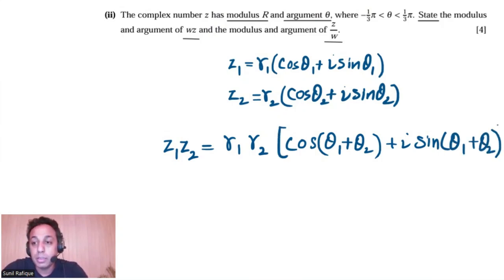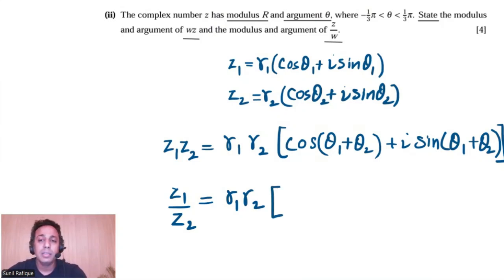Okay, I know it looks scary, but I'll explain in a bit what this means. When you divide them, this is an even harder one to prove. Again, the normal 9709 A-level mathematics students, there's no compulsion of proving these, just knowing them is enough.